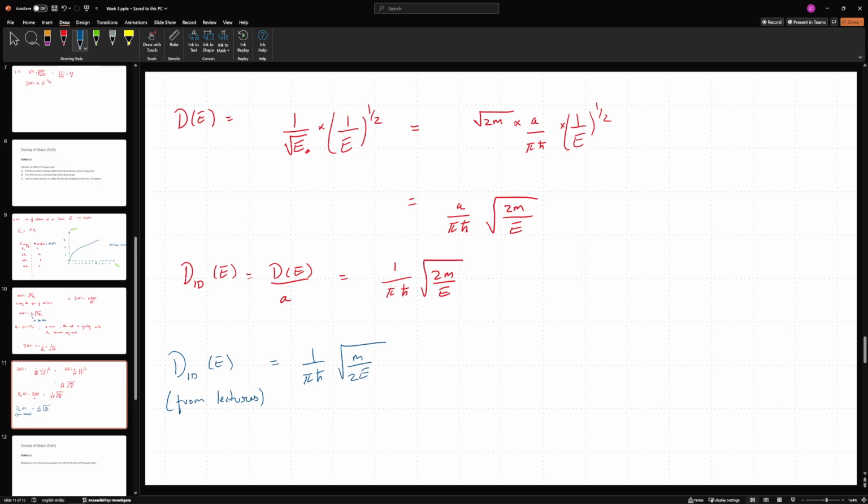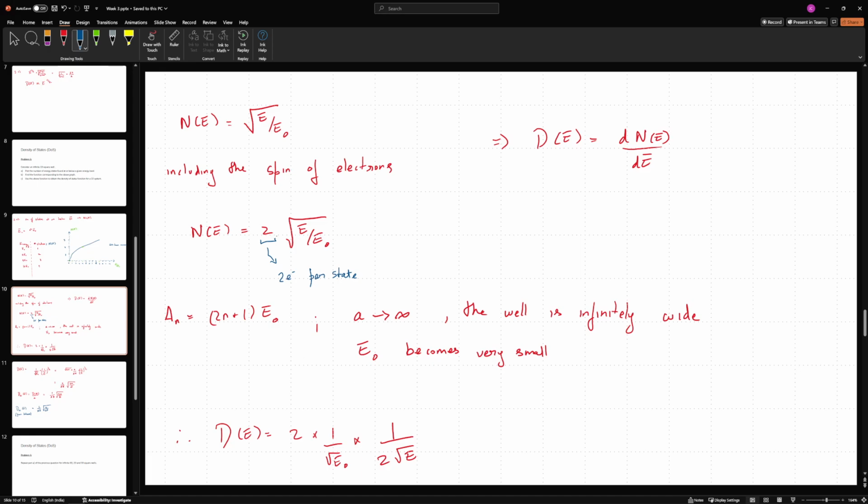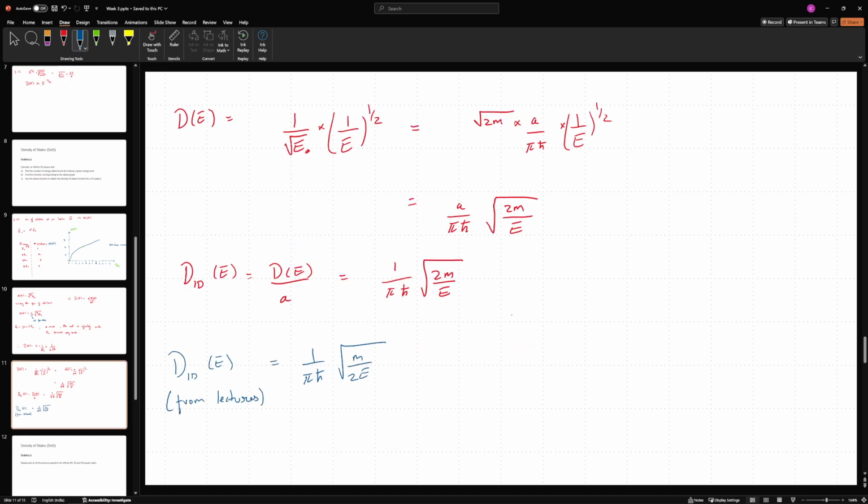That extra factor of 2 arrives because when I'm counting, I have 2 electrons per state, but the truth is I have only one state. This error happens to occur only in the 1D system, and so this is double the value. Depending on where you read from, both of these expressions will be given as the density of states. However, for our purposes, we will be using this, but you can see that the relationship between this and this is off by a factor of 2.